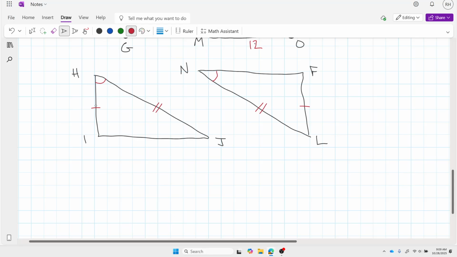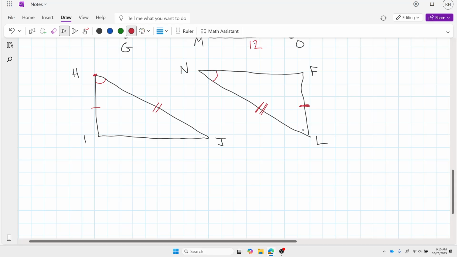Triangle on the left, you've got a side, agreed? A side, an included angle H, and a side. Is that congruent to a side, an included angle, and a side in the triangle on the right? Do you see how the congruent angle on the right is not the angle formed by the side with one and two tick marks? Okay?